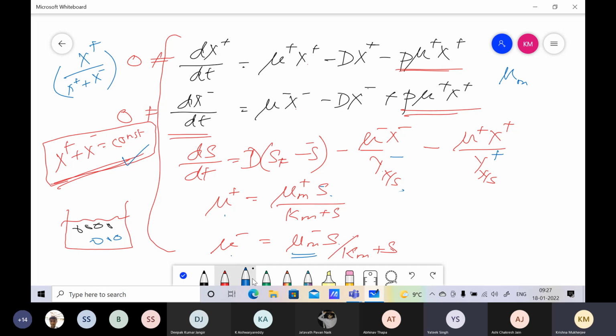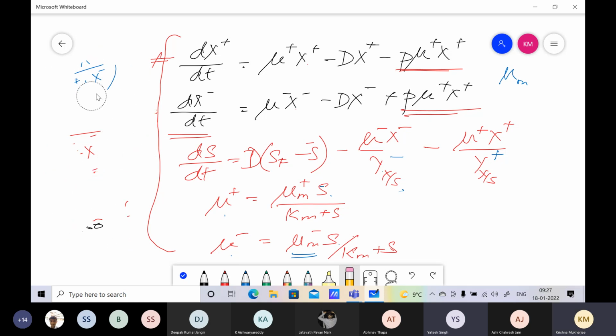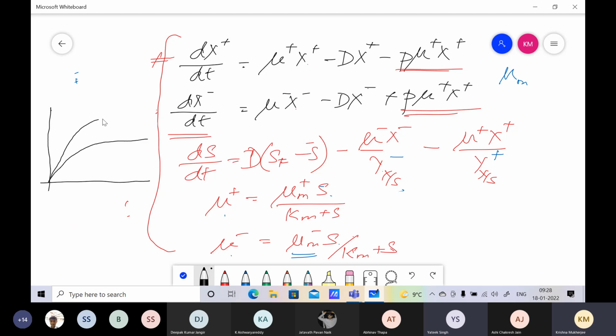But, and this is important, you have the following situation. You have the mu plus growing like this with respect to substrate concentration, and mu minus growing like this with respect to substrate concentration. So this is S versus mu.